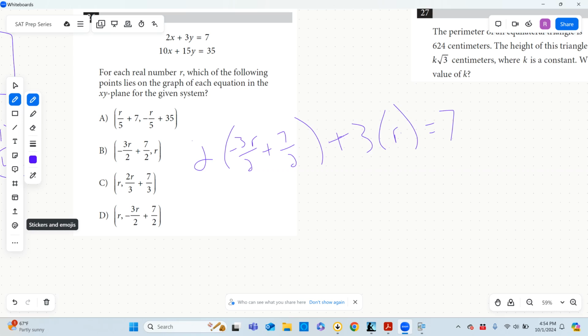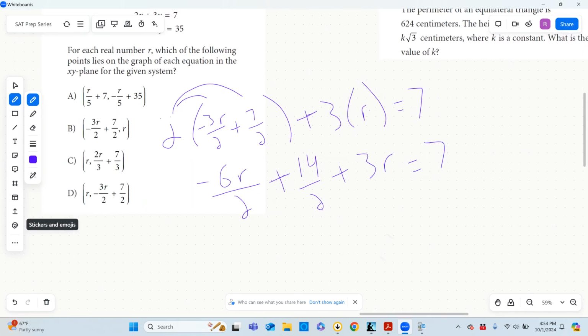So let's see. When we distribute this time, negative 2 times negative 3r over 2 is negative 6r over 2. 2 times 7 over 2 is 14 over 2. So when I multiply that out, that's going to be plus 3r equals 7. And this one looks like it's going to work, right?